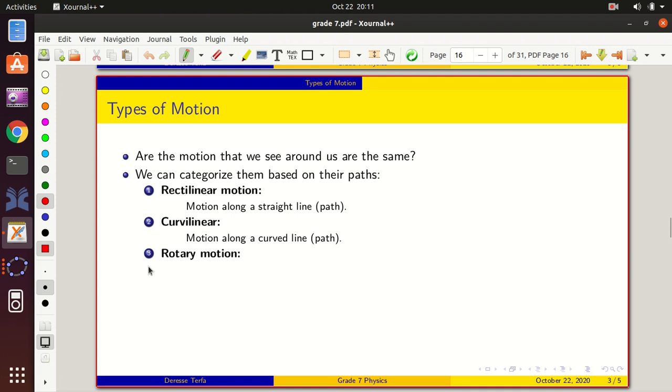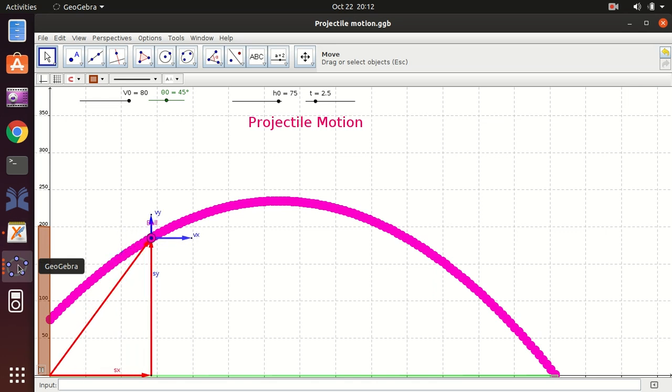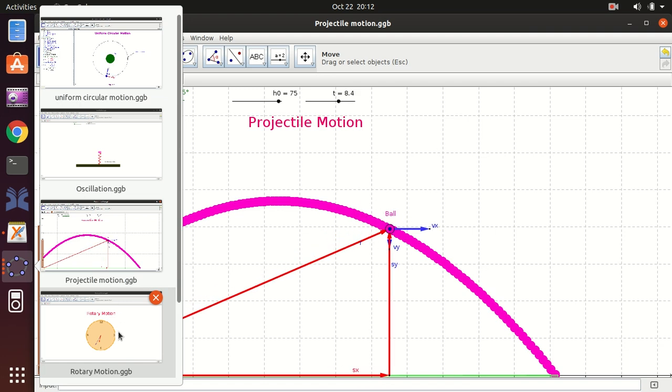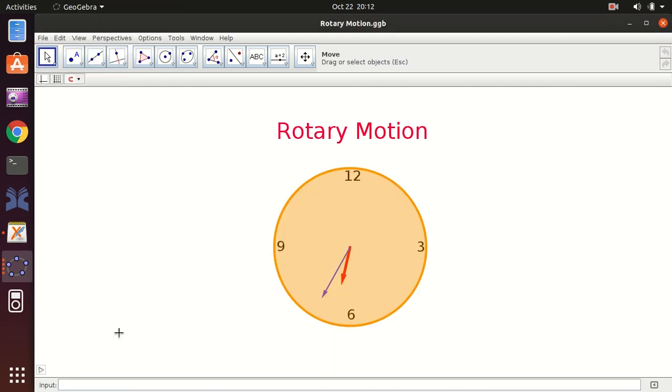The third one is rotary motion. Again, let us see this animation. Rotary motion. Okay, this is a clock or watch. Let us animate it. Look, the hands of the clock are moving about a point or about an axis.